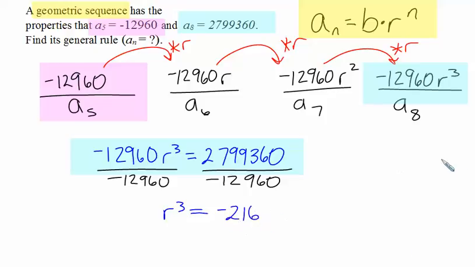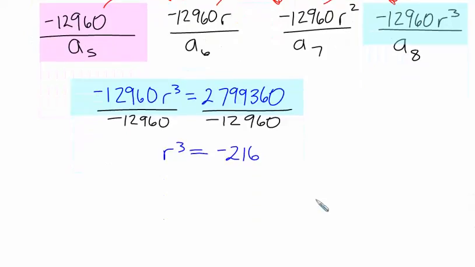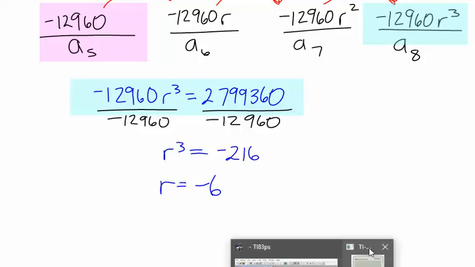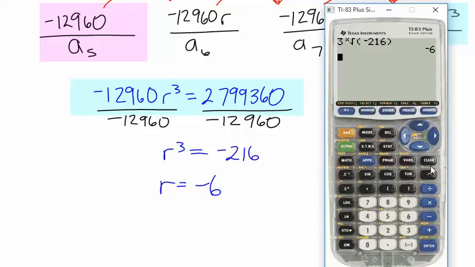In this class, these problems should work out to a recognizable answer. What number multiplied by itself 3 times is negative 216? Well, that would be a negative 6. Now, if you were a little bit uncertain of how exactly you could get negative 6 for that, go to your calculator.